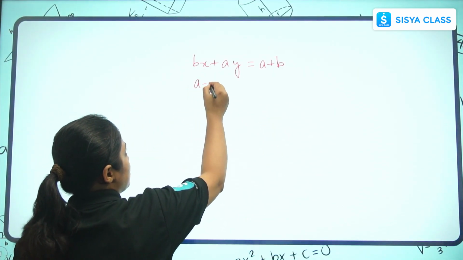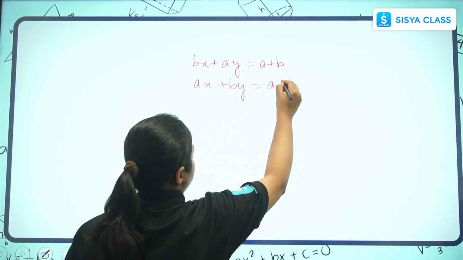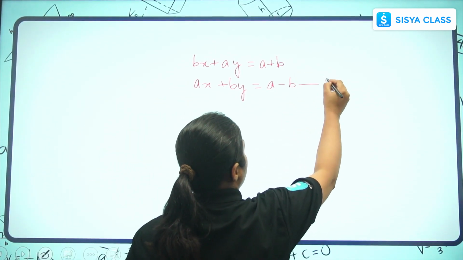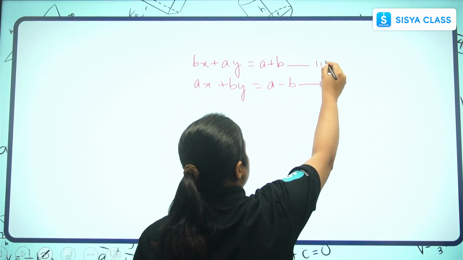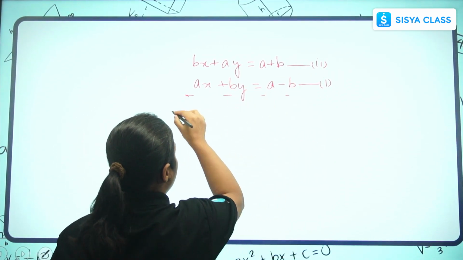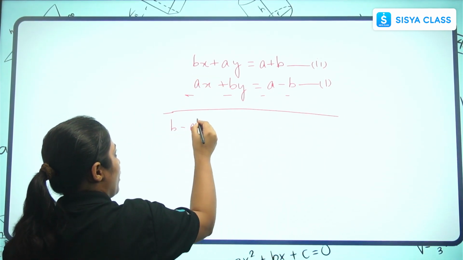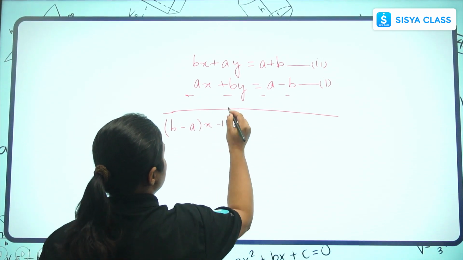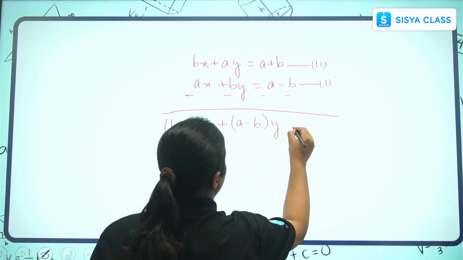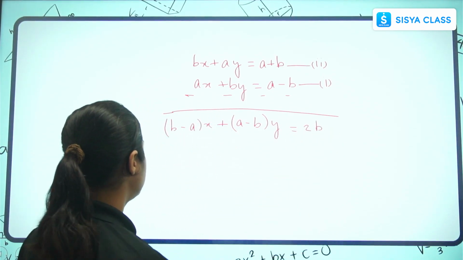Now subtract equation number 1 from equation 2, okay? So here you will get (b minus a) into x plus (a minus b) into y, and it is equal to 2b, right?